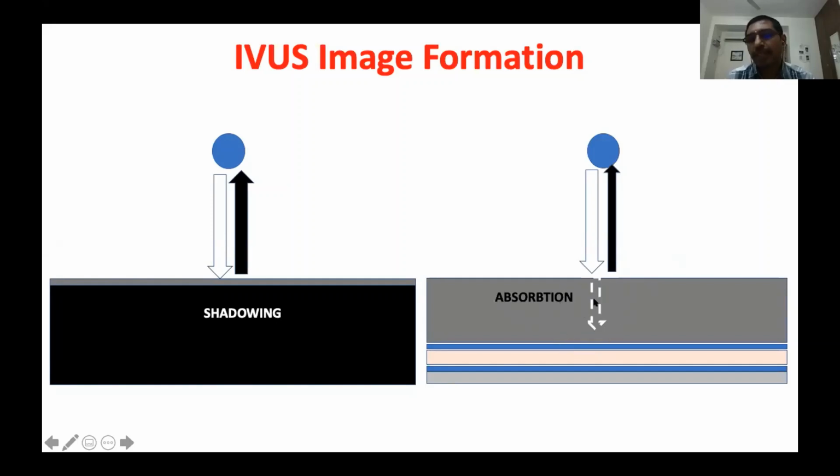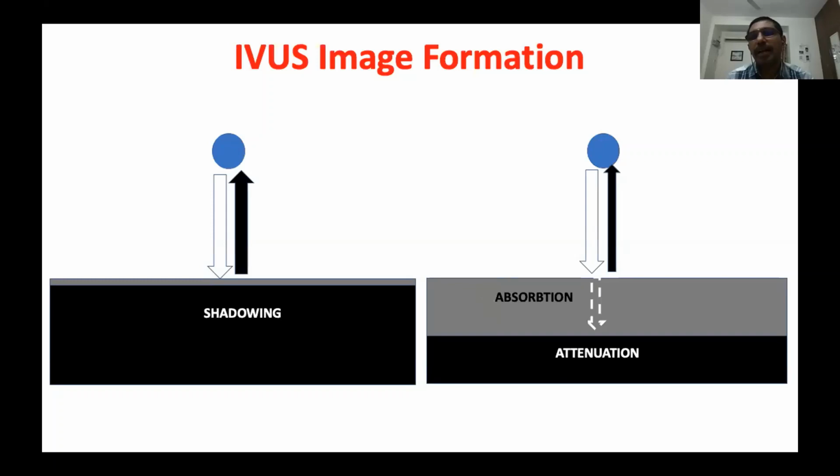So these are the three things: reflection in non-perpendicular direction, scattering, and mainly absorption, which converts the kinetic energy to heat energy. So that results in poor penetration of ultrasound waves into the deeper tissue. This phenomenon is called attenuation. So these are the two phenomena which result in poor visibility of the deeper tissue.